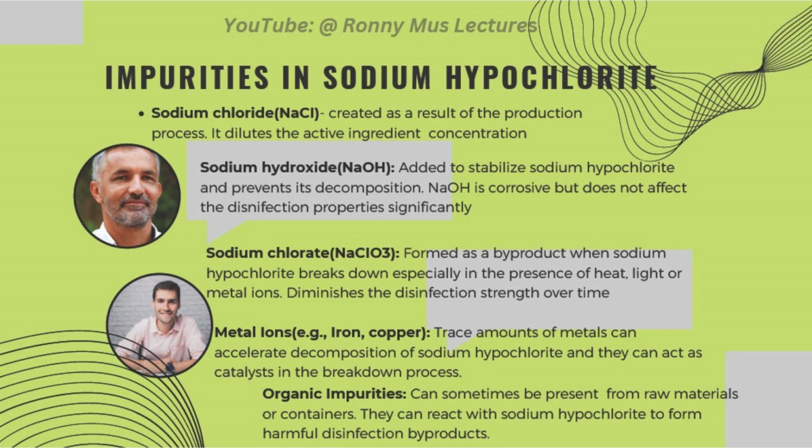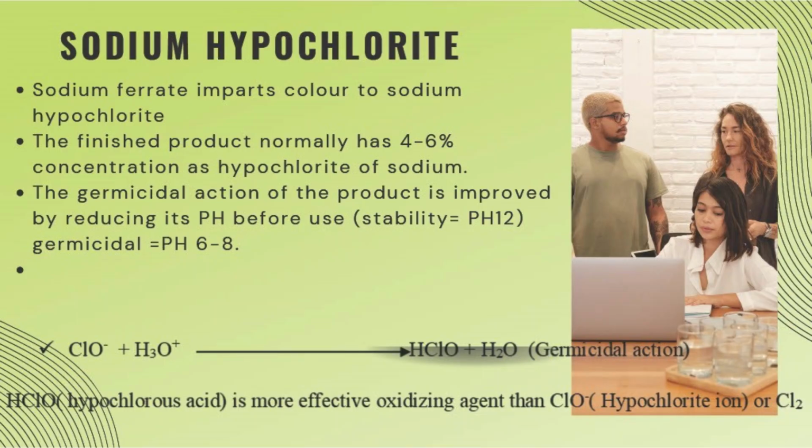Then you have sodium chlorate, metals, and other organic impurities. So you can get sodium ferrate in sodium hypochlorite, and it imparts color to your sodium hypochlorite. And then normally the concentration that you'll get of sodium hypochlorite is between 4 to 6%.